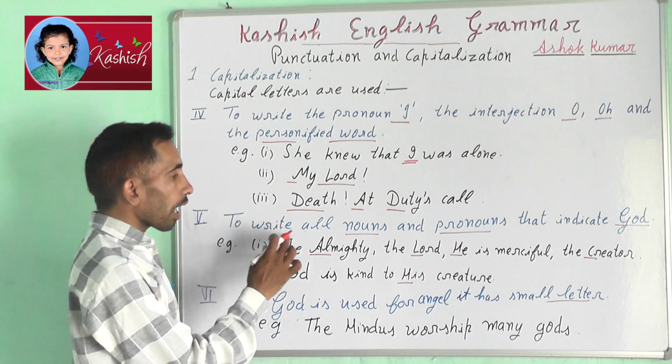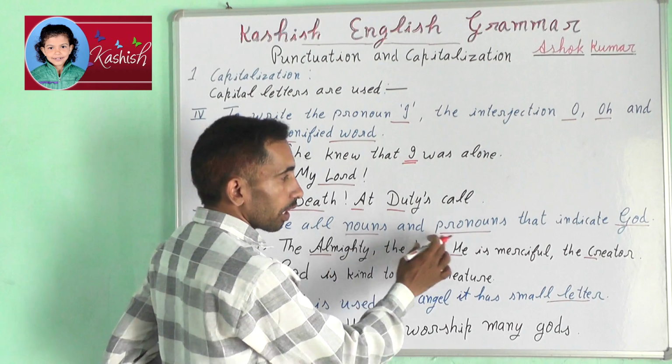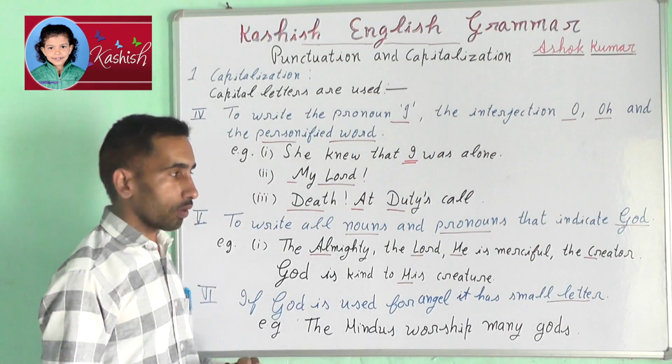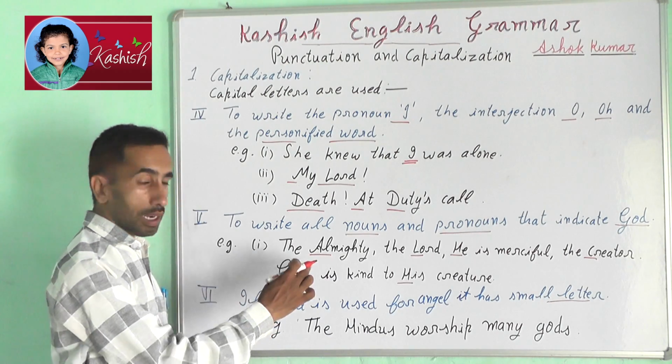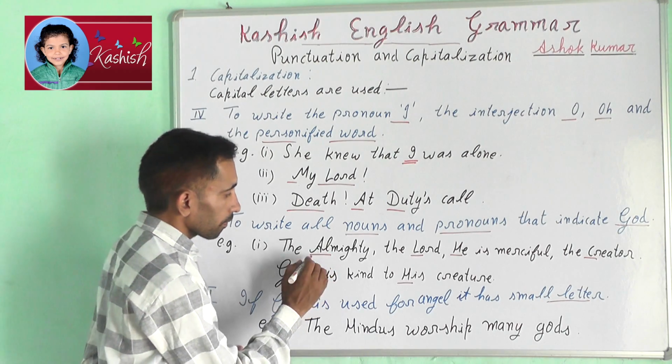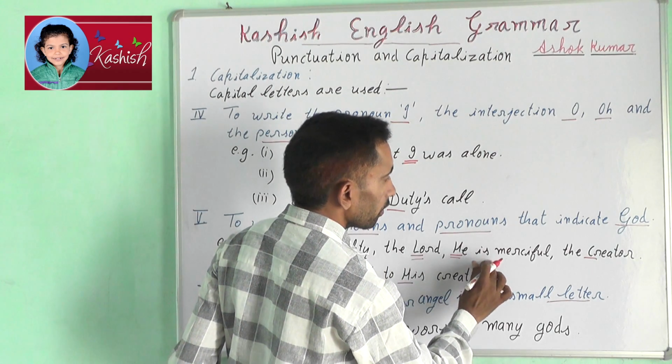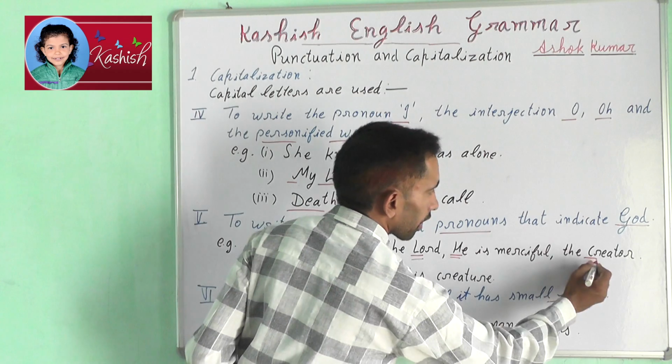Fifth, to write all nouns and pronouns that indicate God. For example, the Almighty, the Lord, He is merciful, the Creator.